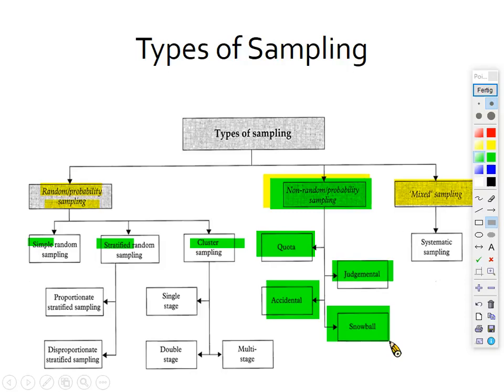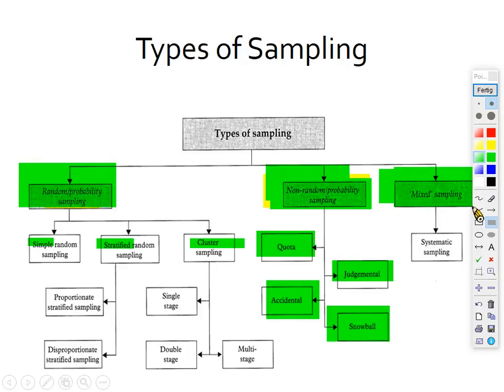So basically you have to describe the whole scenario for the readers to judge the quality of your data collection. Okay? The other one is mixed sampling. You can mix them together. And which one is better for you? The answer should rely on what kind of research questions you are doing.